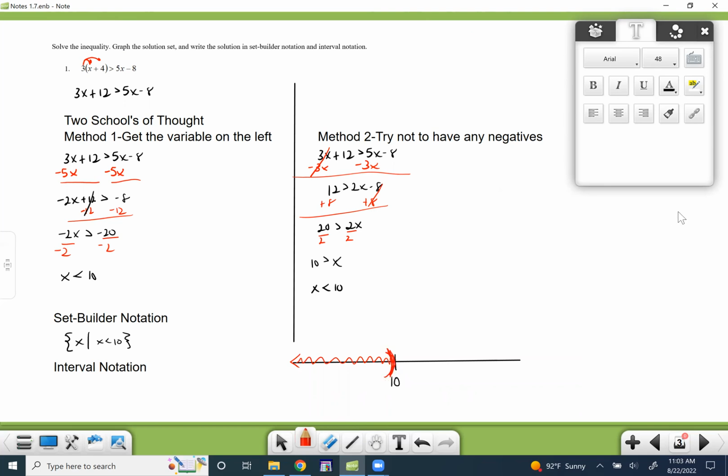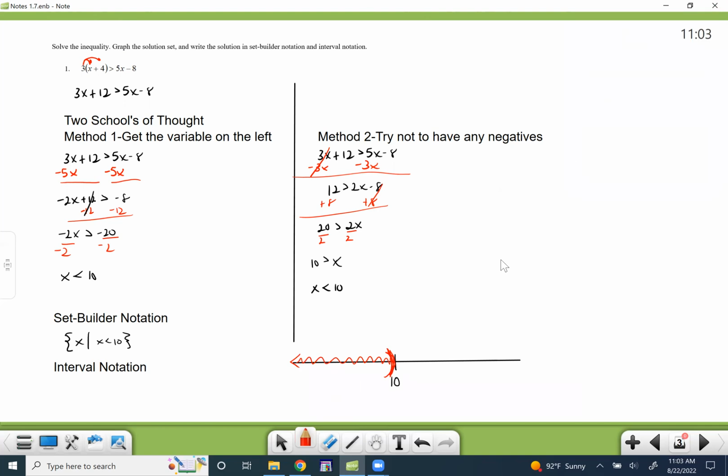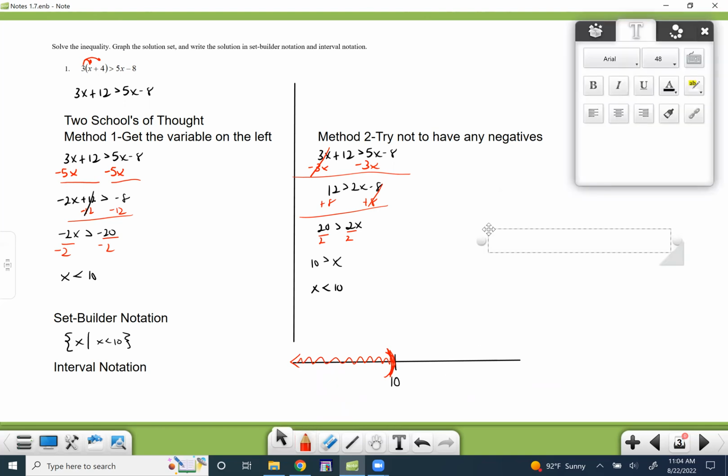So let me talk about why I'm using a parentheses. Just really quickly off to the side here, let's get those symbols. The less than or the greater than, use parentheses.